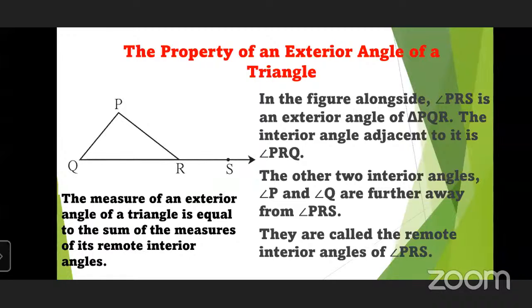Now here, the measure of an exterior angle of a triangle is equal to the sum of the measures of its remote interior angles. You can see here, angle PRS is equal to angle P plus angle Q. That gives us the measurement of angle PRS.